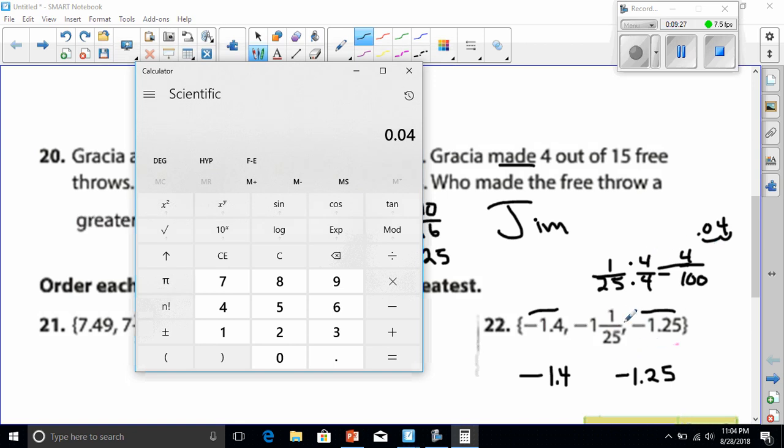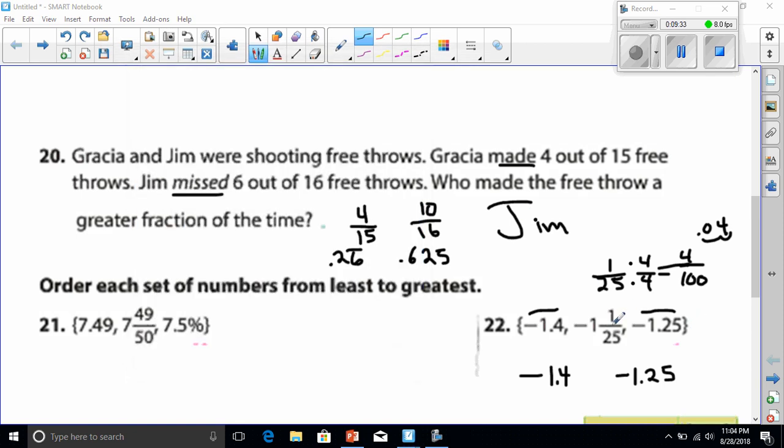So this number here is actually, let's see, negative 1.04. Now, as we can see, if we had the number line again, and this was 2, and over here is 1, well, we did say that negative 1.25, oh, remember this is 0 over here, so these are all negative numbers we're dealing with.